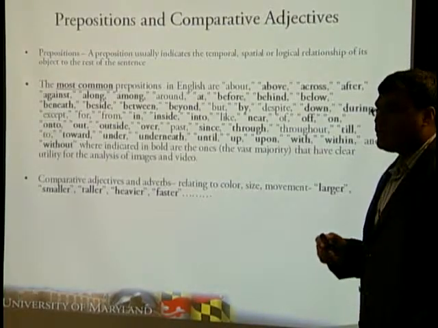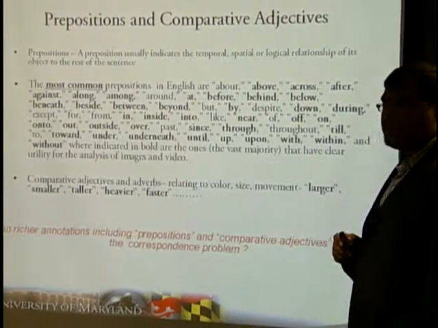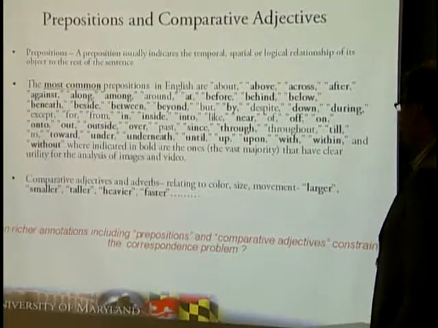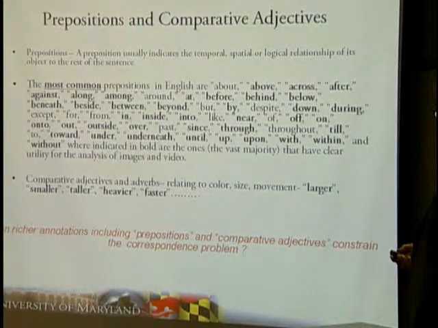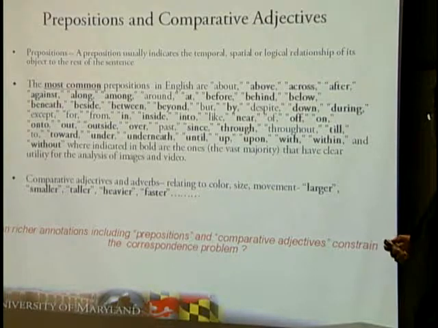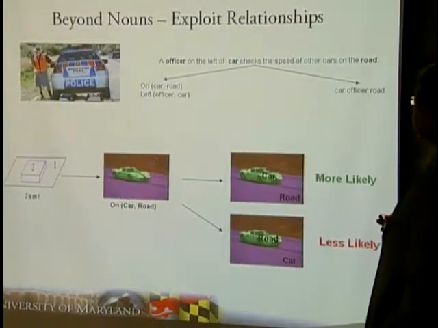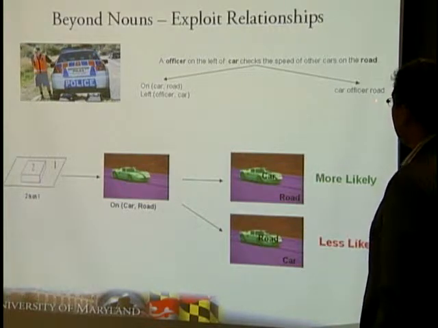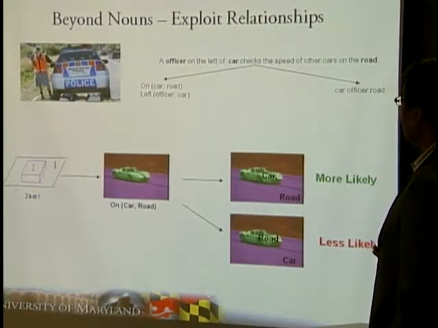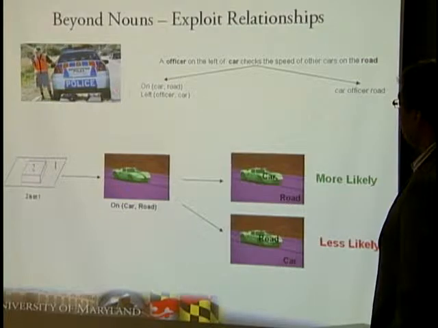One of the other interesting questions that I'll try to answer during this presentation is, can we use richer annotations including prepositions and comparative adjectives to constrain the correspondence problem itself? That is, instead of just using the list of nouns as a training data set, you want to use a much richer description in the training data set.